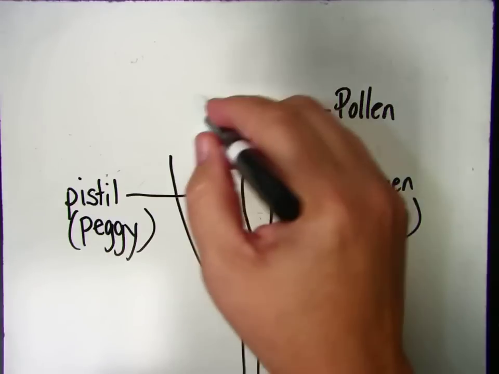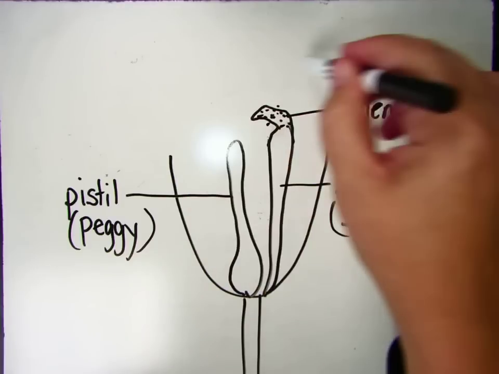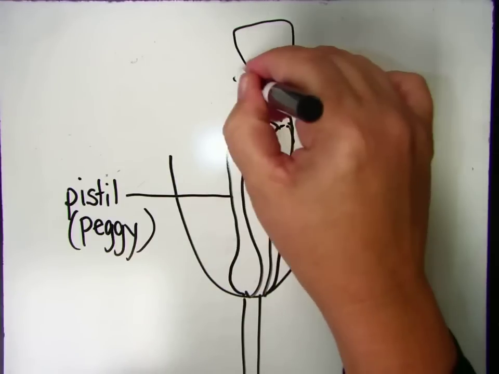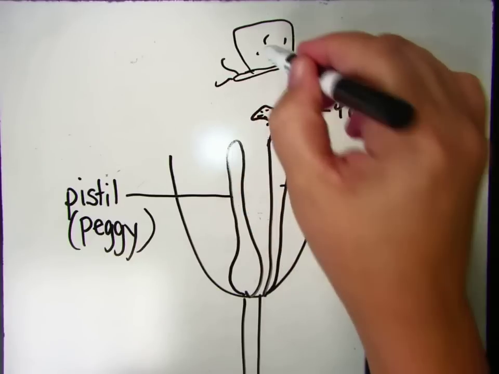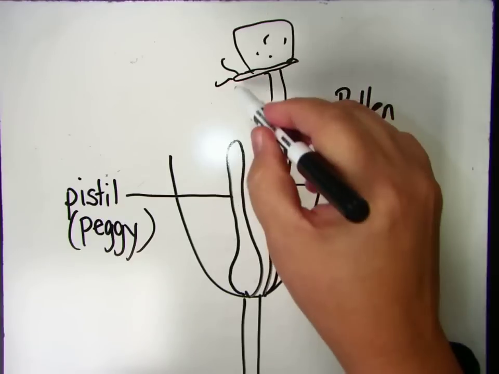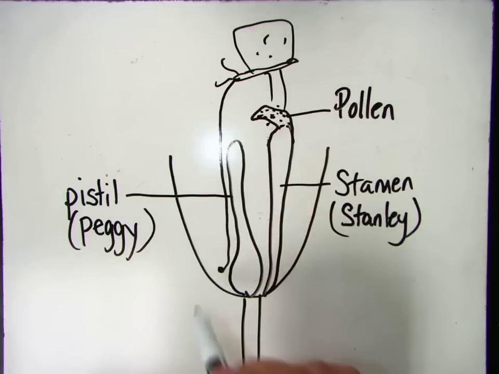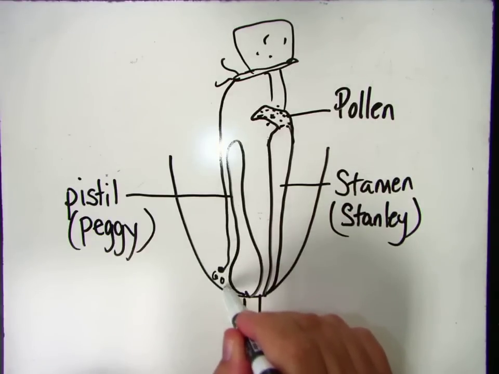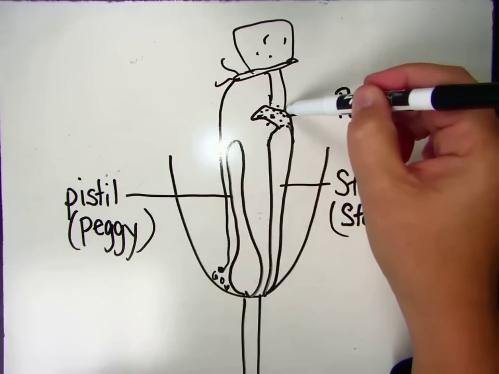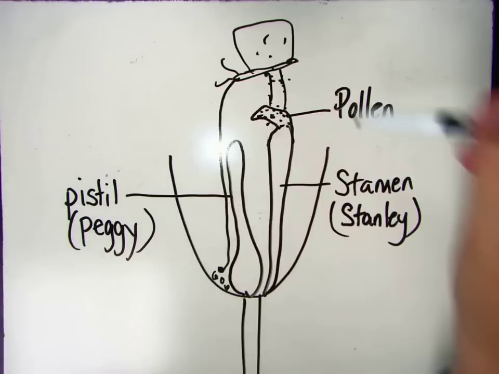So let's say a bumblebee or a butterfly comes along, and the butterfly flies by and lands on the flower and sticks its little long tongue down to get some nectar. And what happens when the butterfly lands on the flower, it picks up some pollen on its body somewhere.